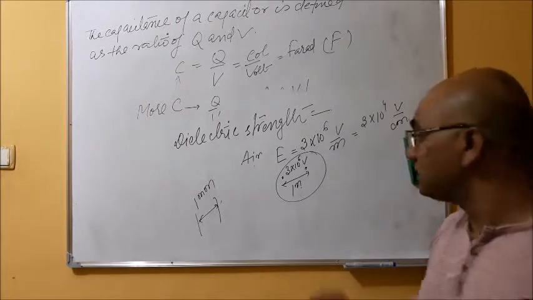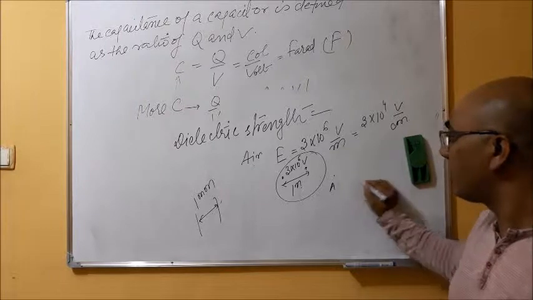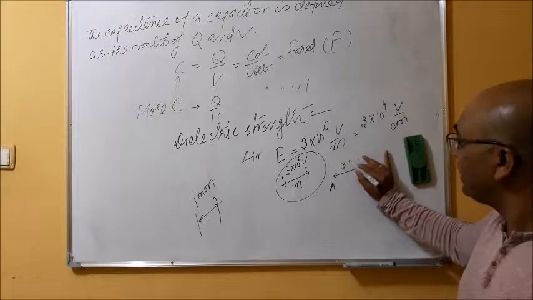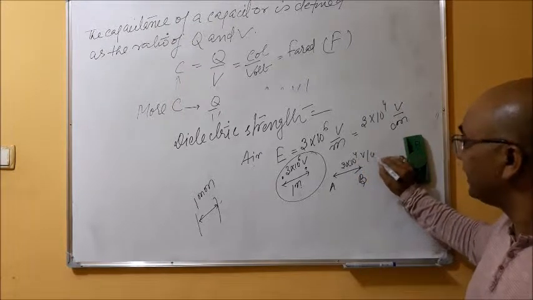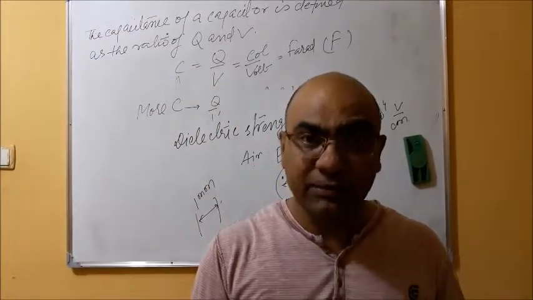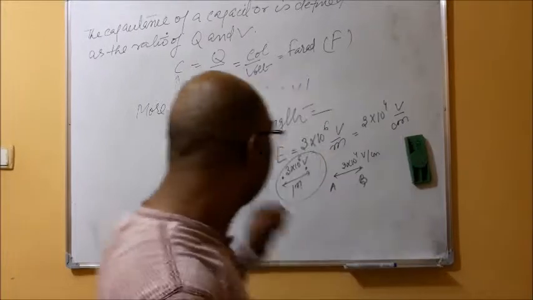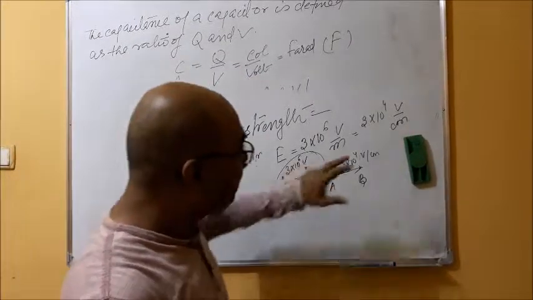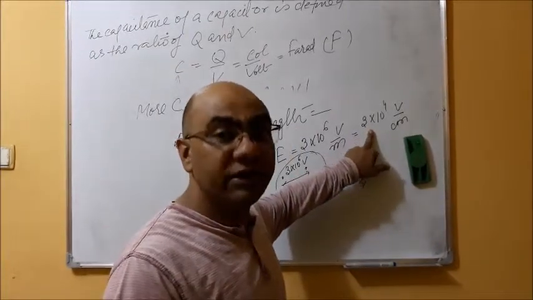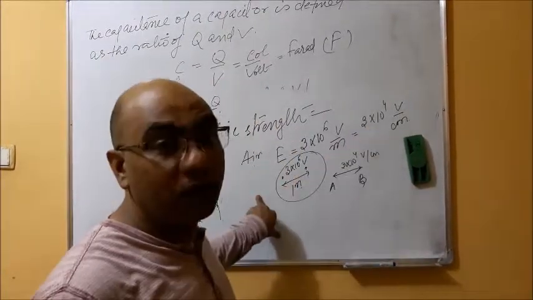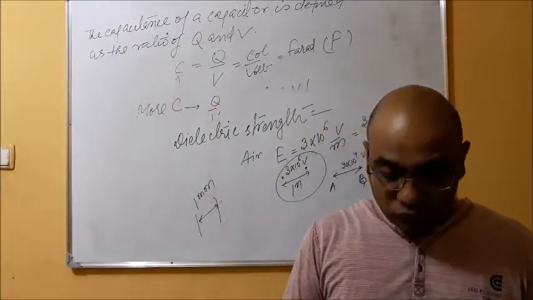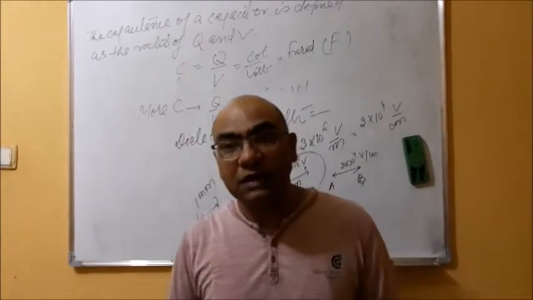If I am providing a potential difference between A and B of the range of 3 into 10 to the power 4 volt per centimeter, means the separation between A and B is 1 centimeter and I am applying the potential 3 into 10 to the power 4, then up to this value air will not ionize. If I increase the potential more than 3 into 10 to the power 4, then the air will ionize and it will not form a capacitor.